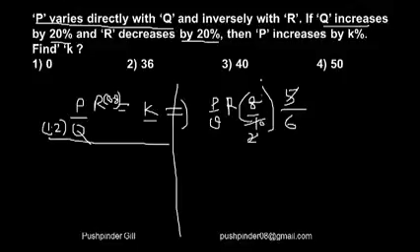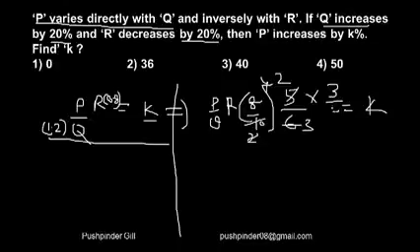So 5 times 2, 2 times 4, and 2 times 2, and 2 times 3. So that means overall the equation got multiplied by 2 by 3. However, the figure on the opposite side is a constant. So to keep it constant, I have to multiply P by 3 by 2 so that it cancels and I am left with the constant again.